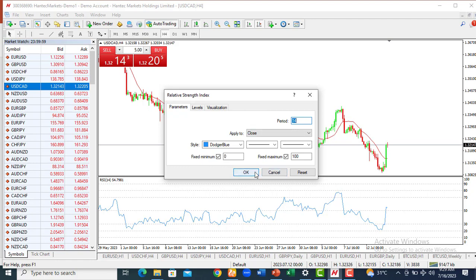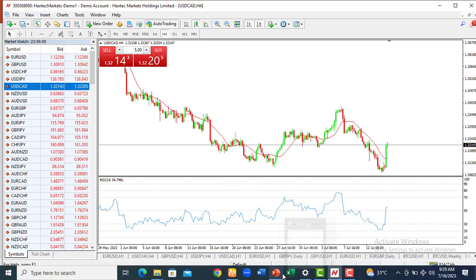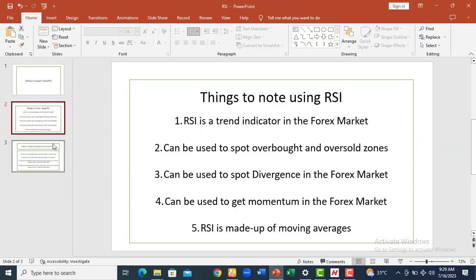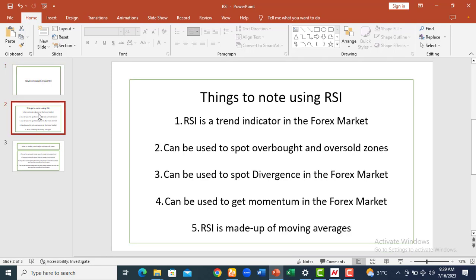As a recap, what we covered today is simply the relative strength index in the forex market, and how you can use it to trade profitably. We established that RSI is a trend indicator in the forex market.